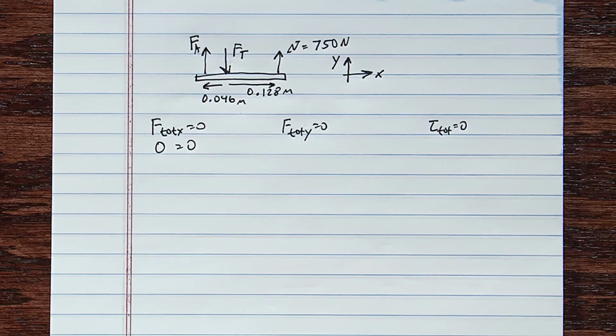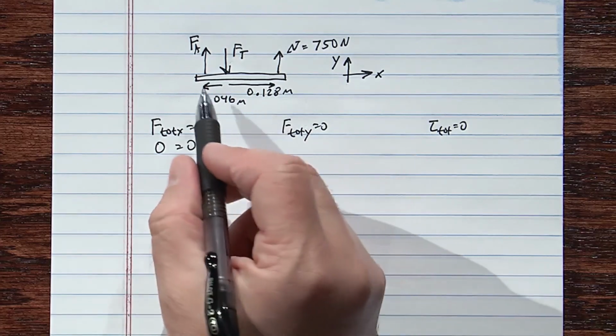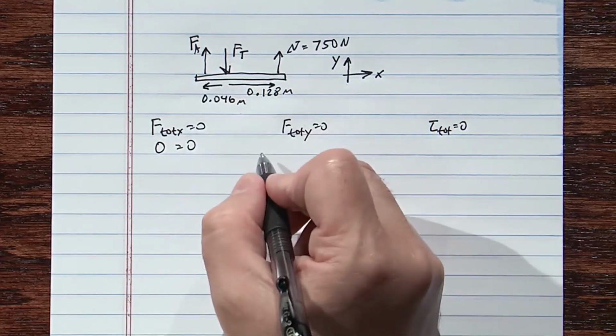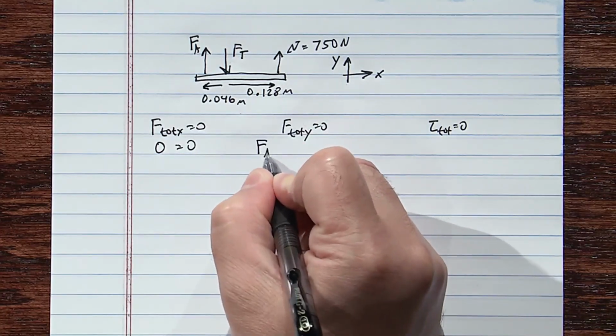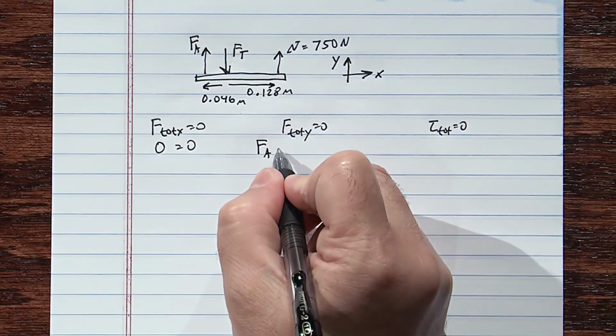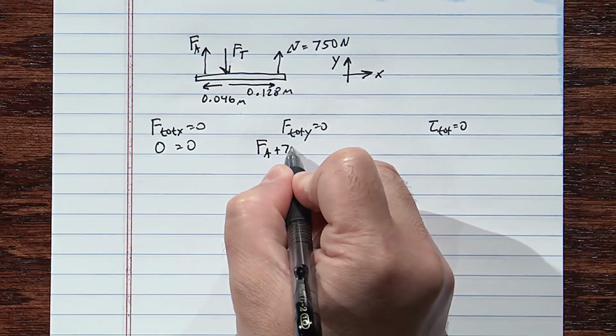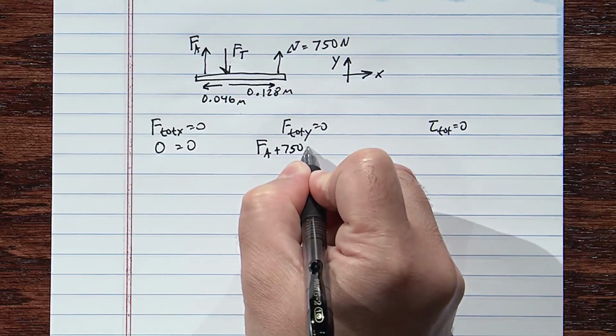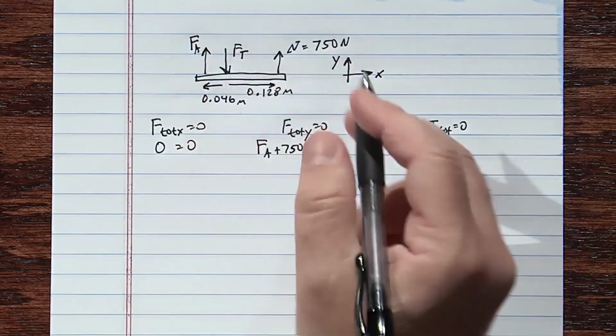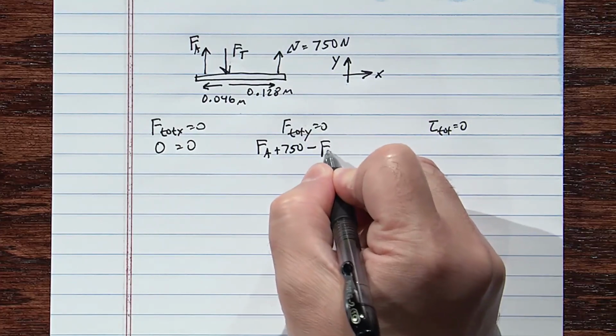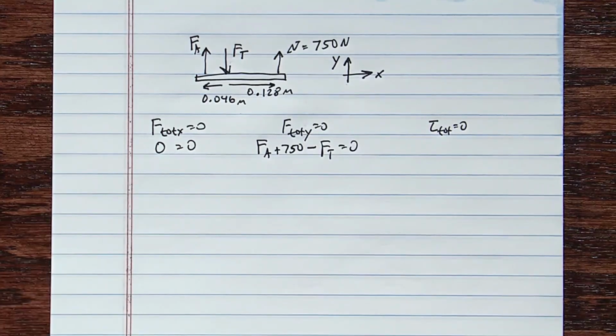Force total Y is equal to 0. Well, our positive Y forces are force Achilles plus 750 newtons minus the force of the tibia, Ft, equals 0.